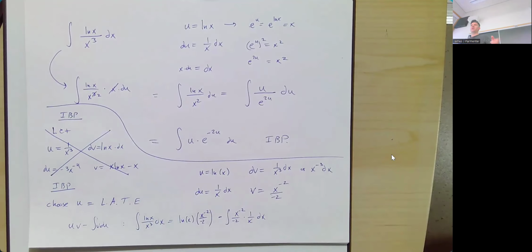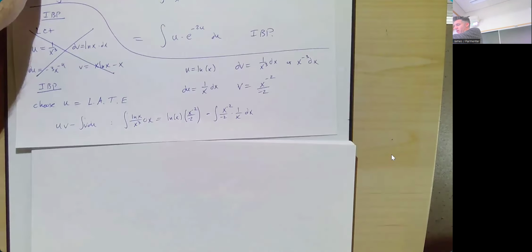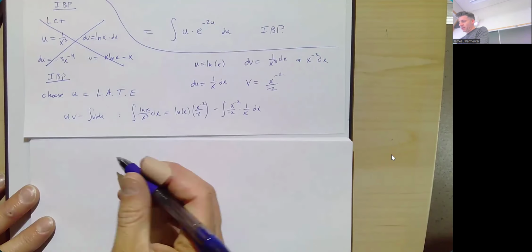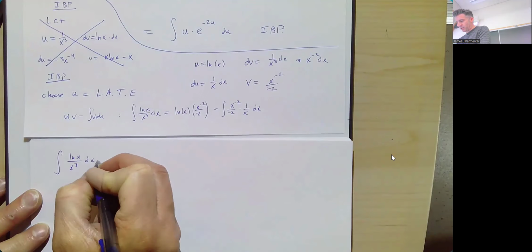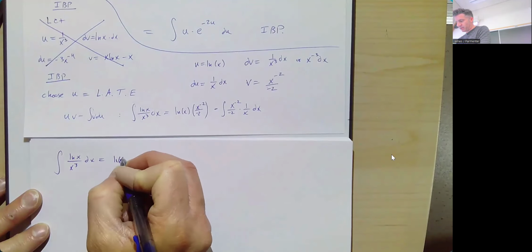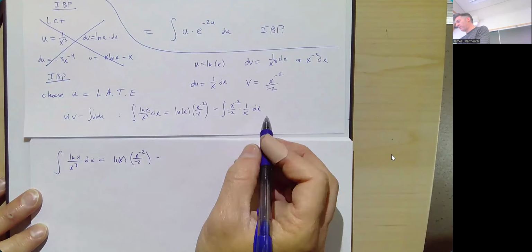Here's where I think people also get jammed up with these natural log ones. When you get to this point right here, that's when you then have to simplify your integrand. We need to make this easier to deal with. And I think I'm going to run out of room, which feels terrible at the end of the page. But oh well. So this integral, natural log of x over x cubed dx, is equal to the natural log of x times x to the negative second over negative 2 minus, let's simplify this a little bit.